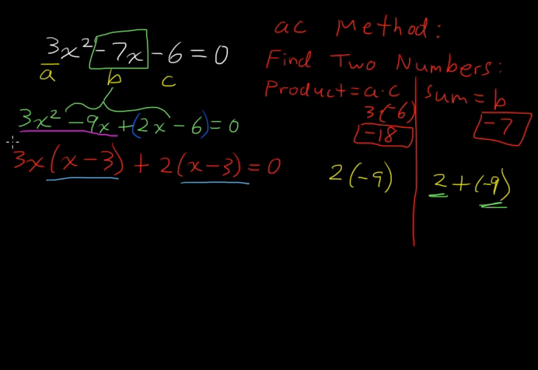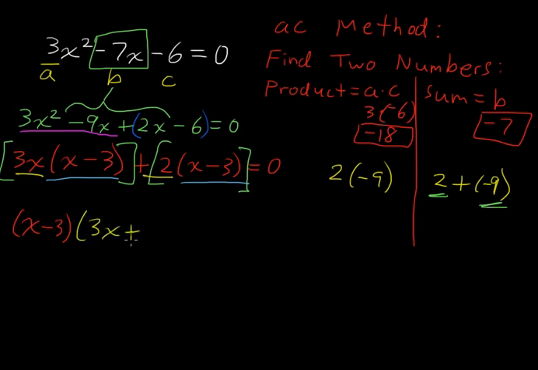We have this large thing right here, and this large thing right here, and what is common among both of those? Well, it's x minus 3. So we're going to factor out an x minus 3. And what is x minus 3 being multiplied by? Well, it's being multiplied by a 3x and by a positive 2. So we'll multiply that by 3x plus 2. So that is the factoring by grouping.